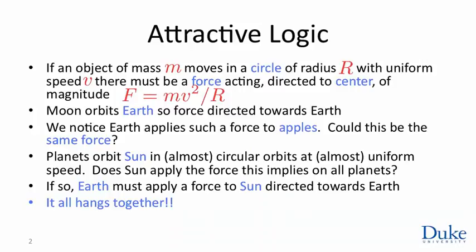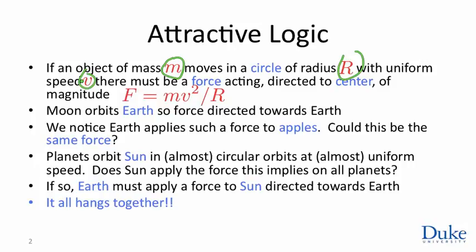Newton's mechanical understanding tells him that, as we saw, if an object of mass m is moving around in a circle of radius r with uniform speed v, which is a simplified version of the elliptical motion that Kepler actually studied (Newton was doing the general case), we know that moving around in a circle involves a centripetal acceleration towards the center of the circle.